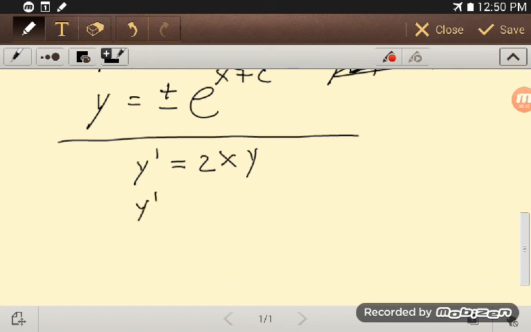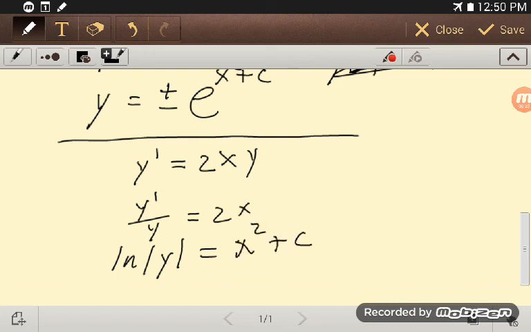They'll say y prime over y equals 2x, and then all of a sudden the next step, what you'll see is the natural log of the absolute value. Well, if they do it correctly anyway, you'll see on the next step the natural log of the absolute value of y is x squared plus c.